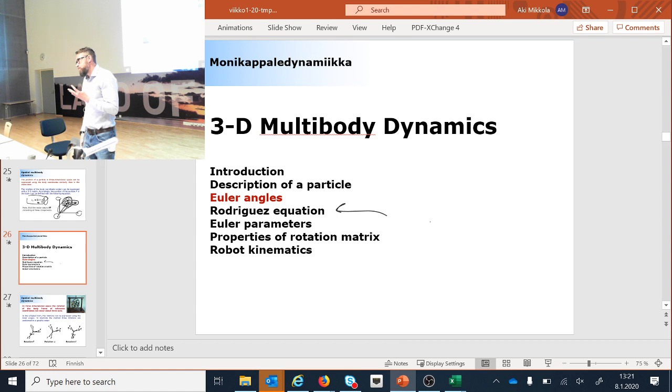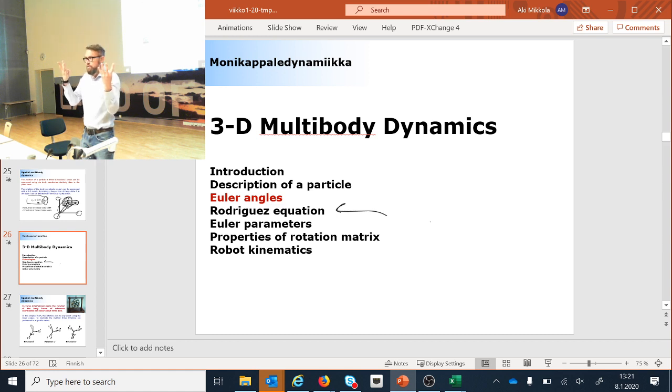4 parameters. Again, it is good for you to know that because the body can rotate in 3 different ways, and I'm using 4 parameters. These 4 parameters are not independent, but they are coupled in a certain way. So they are not independent because there are 3 ways that the body can rotate, and 4 parameters.